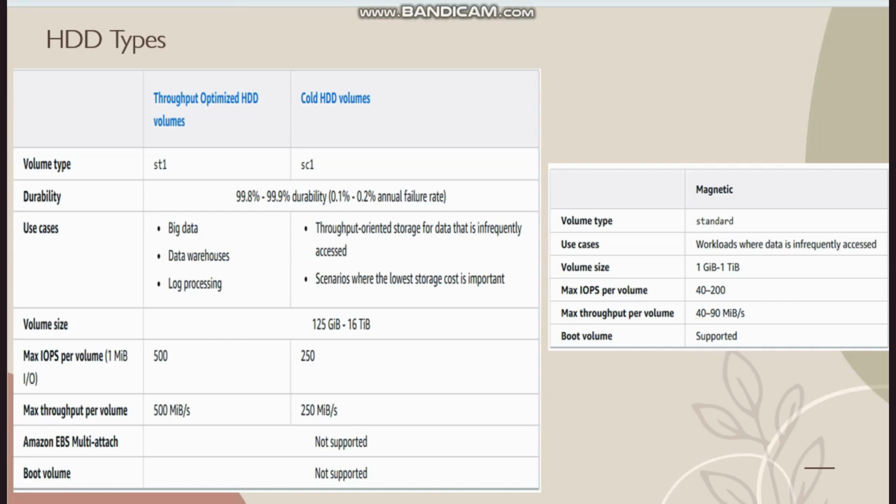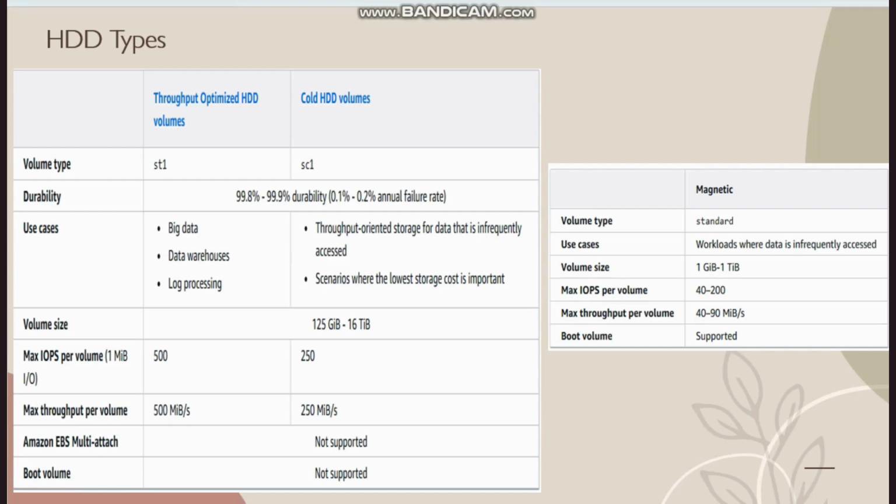Both provide the same durability as GP2, GP3 and IO1. The throughput optimized HDD volume is for big data usage, which means the data are collected from different resources and I want to manage them, then I can choose ST1.